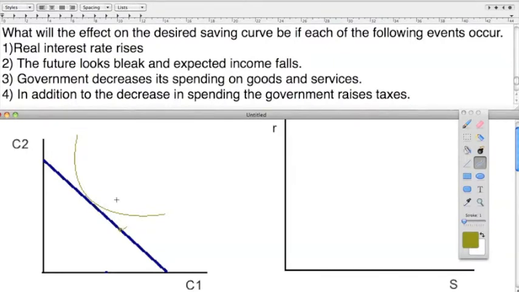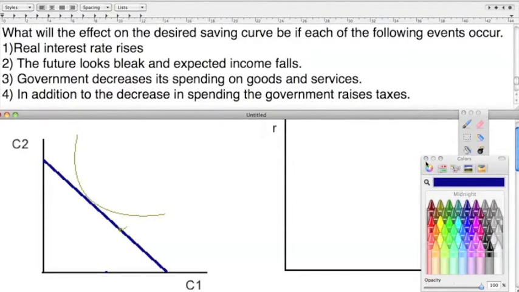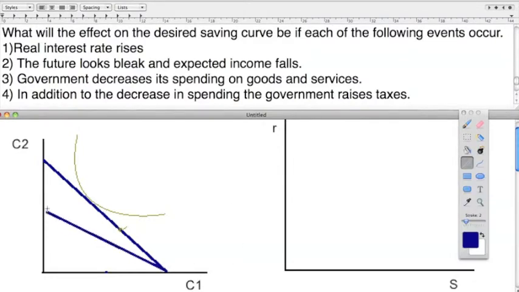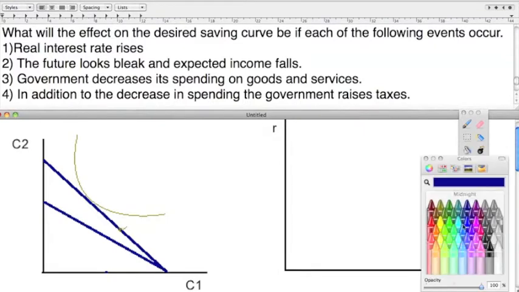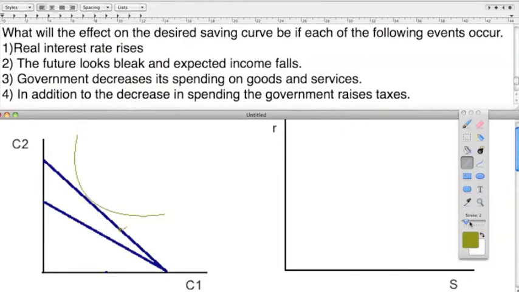So what happens when the real interest rate decreases? Well, we're going to see a shift of this budget constraint because the amount he saves times the interest rate will be a lesser amount than before. So what happens? We can draw a new budget constraint, a new indifference curve.